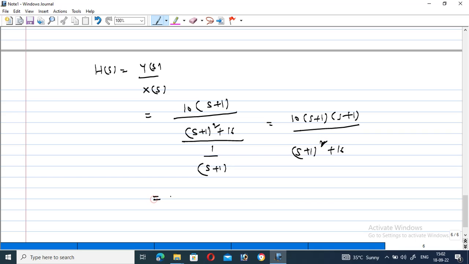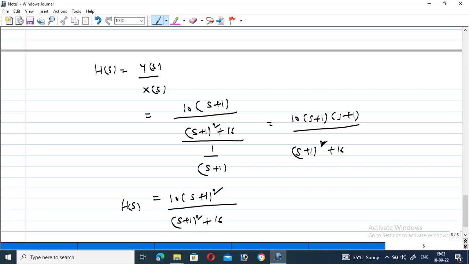So that gives rise to 10 into s plus 1 whole square by s plus 1 whole square plus 16. This is the transfer function for the equation, we can calculate it like this, right?